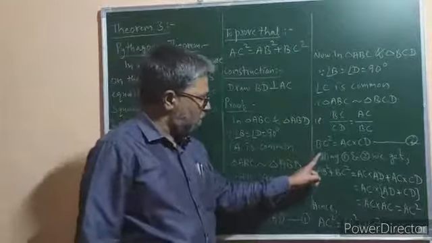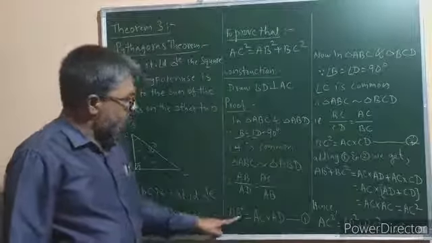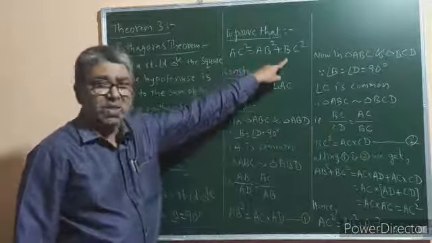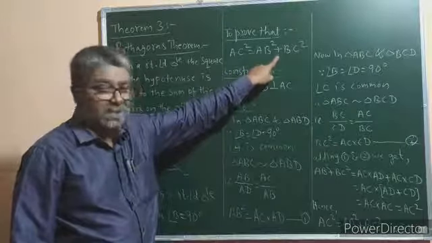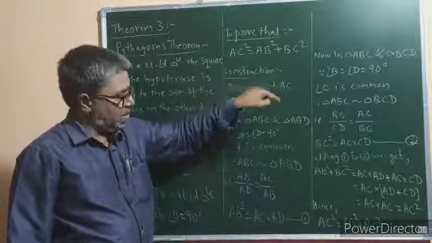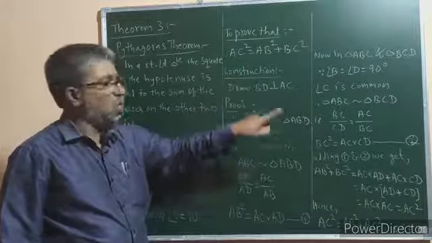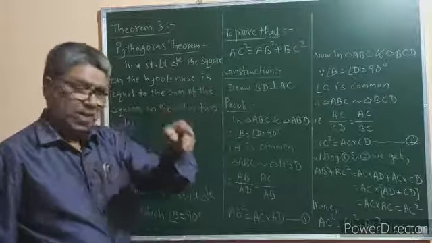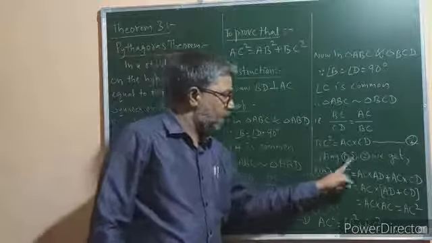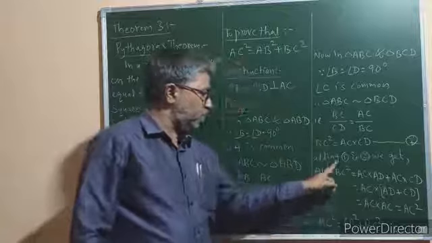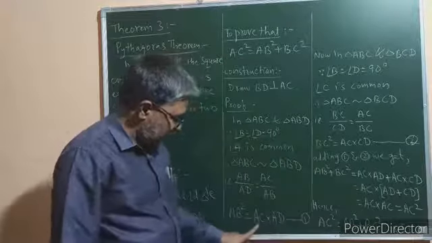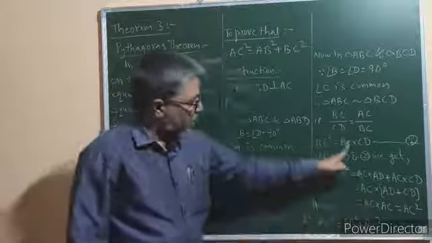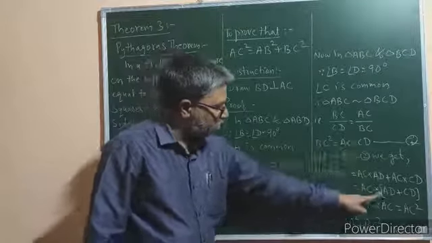Now this is AB square and this is BC square. We want AB square plus BC square, so we want a plus sign in between. If we add equations 1 and 2, we get AB square plus BC square is equal to the RHS of equation 1, AC into AD, plus the RHS of equation 2, AC into CD.